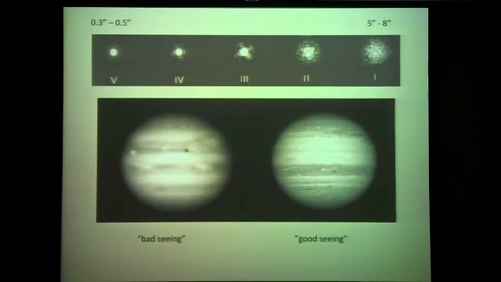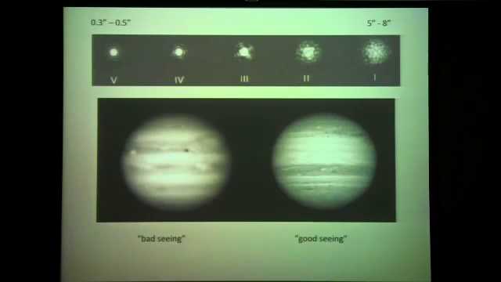Astronomers like incredibly cold winter nights, when there's not much water vapor in the sky, when the air is very still. My students in lab do not like cold winter nights. Oh well. But the seeing is much better on cold winter nights.